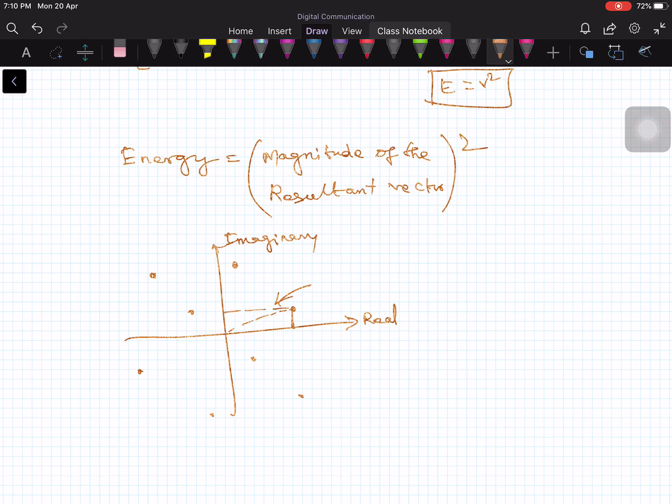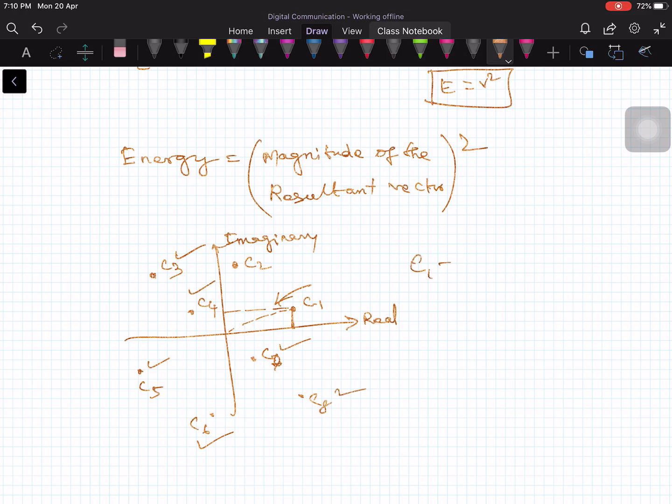The constellation points, let's say, are C1, C2, C3, C4, C5, C6, C7 and C8: constellation point 1, 2, 3, up to constellation point 8.